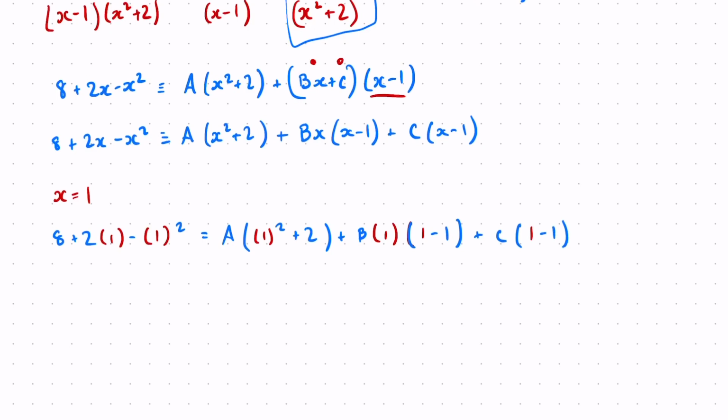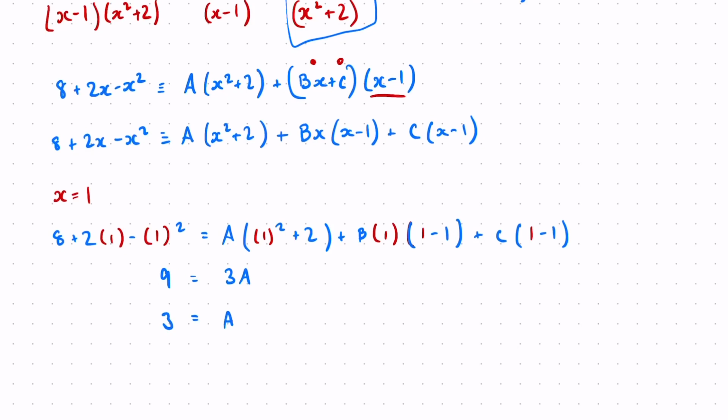Okay, b's and c's are going to disappear, leaving me with the solution for a, which is 9 is equal to 3a, so a is equal to 3.